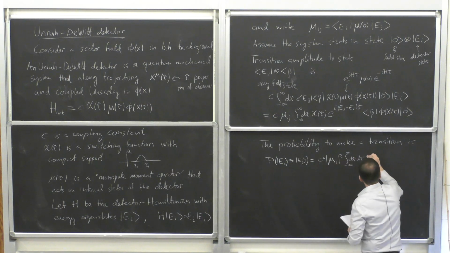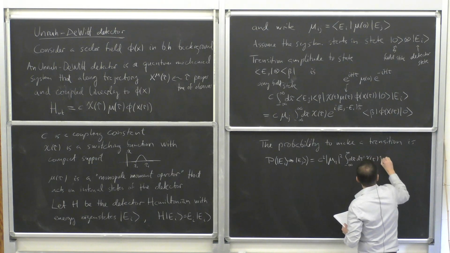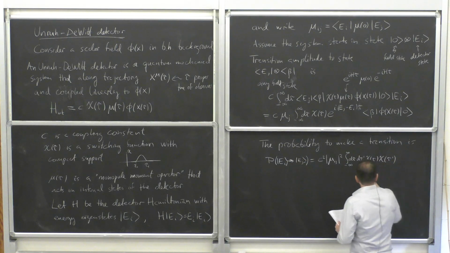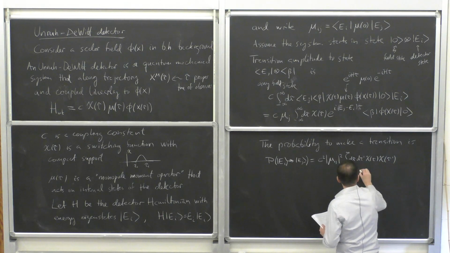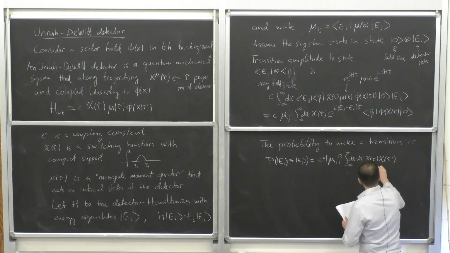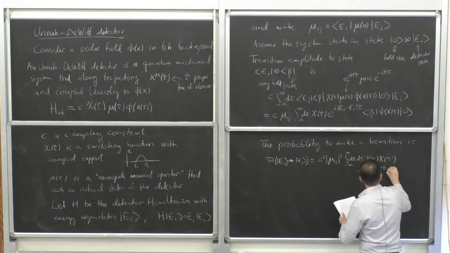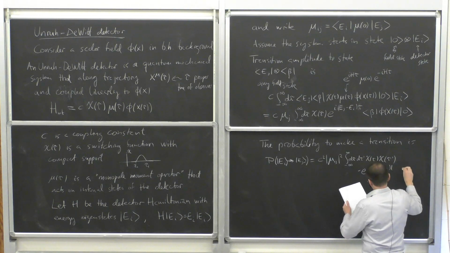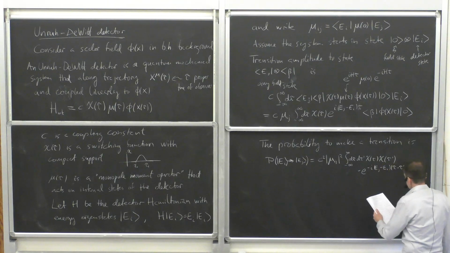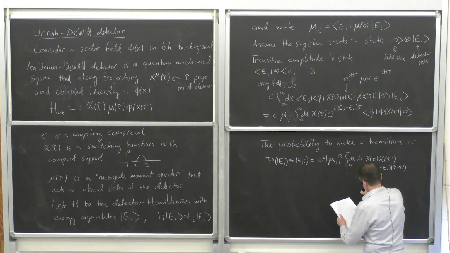I will have a chi of tau prime. I will then have e to the minus i (EJ minus EI) (tau minus tau prime), right? Times.